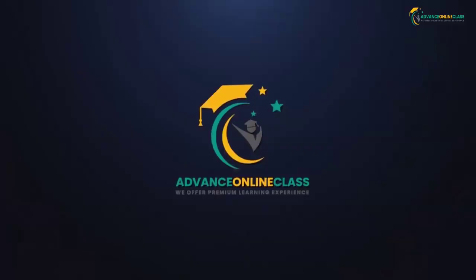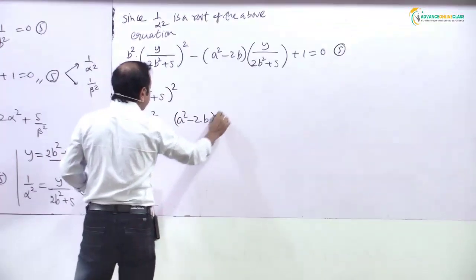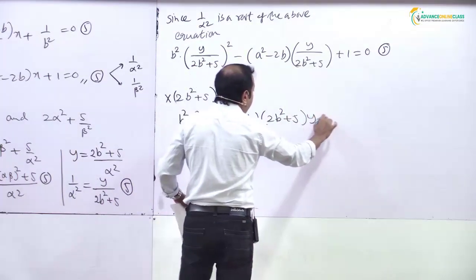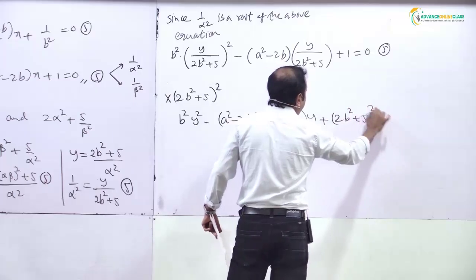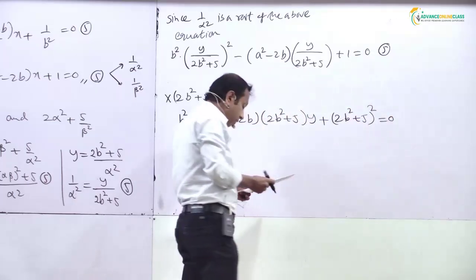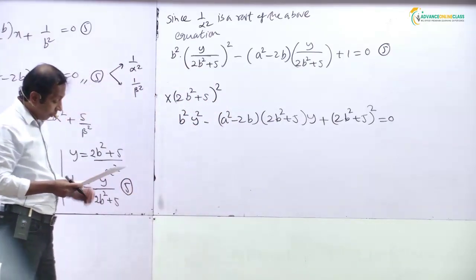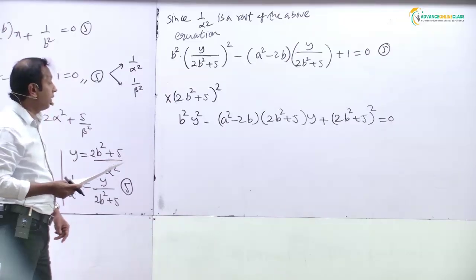Then we get here b squared y squared, minus a squared minus 2b times 2b squared plus 5 y, plus 2b squared plus 5 perfect squared equals 0, is the required quadratic equation, no? Yes. Okay, this is the required quadratic equation.